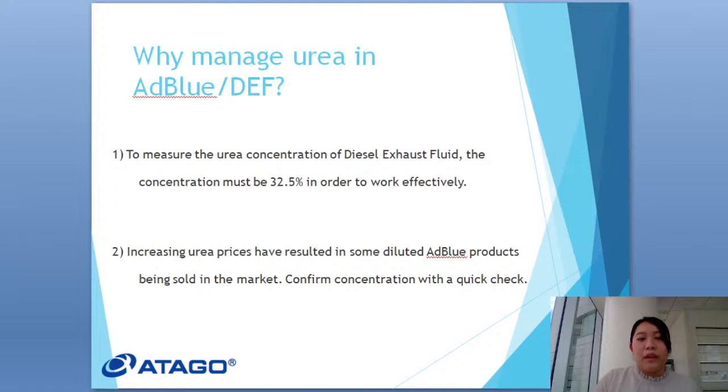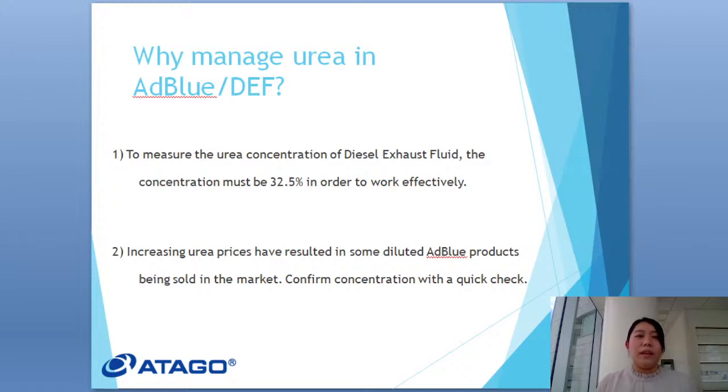For it to work efficiently is for us to make sure that there are no harmful things going out into the atmosphere. Second, increasing urea prices have resulted in some diluted AdBlue products being sold in the market. So by managing urea in AdBlue and DEF, you can confirm the concentration with a quick check.